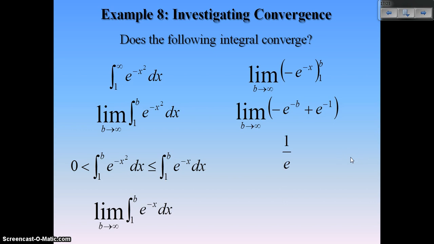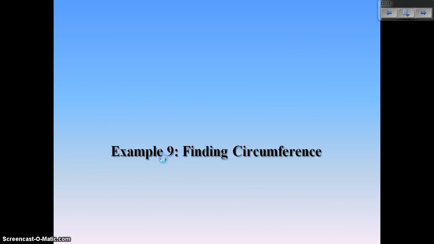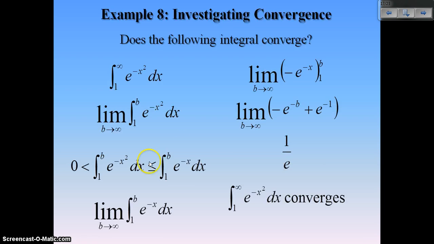If I now plug in my infinity, this is going to be on the bottom because of the negative exponent. Infinity on the bottom goes to 0, so I'm left with e to the negative 1, or 1 over e. Now, what does that tell me? Well, that tells me that e to the negative x converges, and since it is the upper limit here, if you will, that means that this one can't go past it. It must also converge.